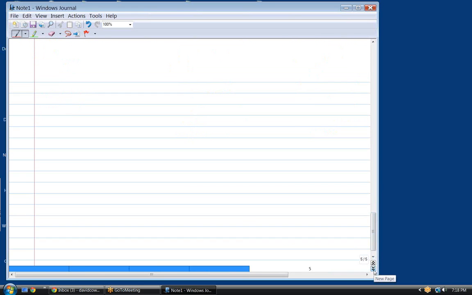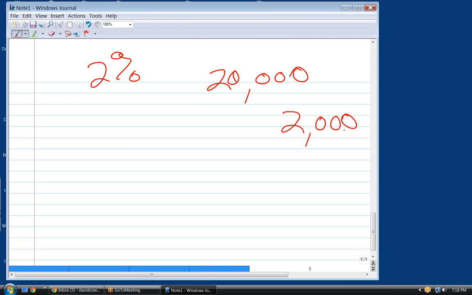The population of lemurs in Madagascar is increasing at an annual rate of 2%. If there were 20,000 lemurs in Madagascar in 2000, how many lemurs are there in Madagascar today? 2% per year? Yeah. Okay.